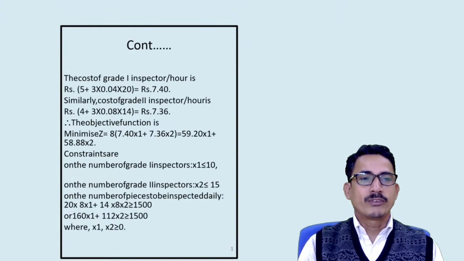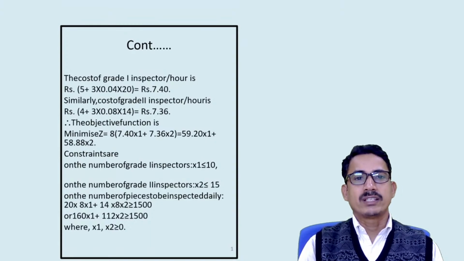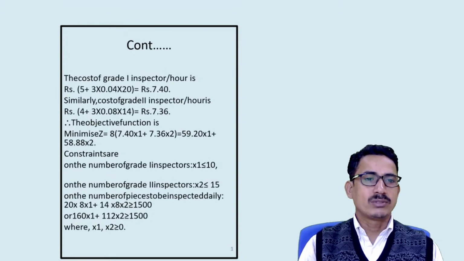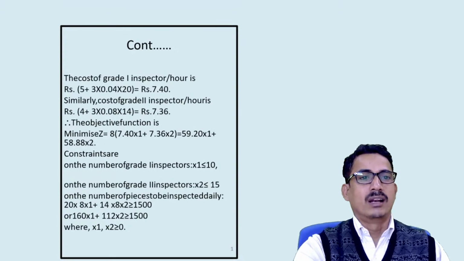Now, first of all, you have to find out the cost of a grade 1 inspector per hour, which is rupees 5 plus 3 into 0.04 into 20, which is rupees 7.40. How is it? Let us see, you can understand.